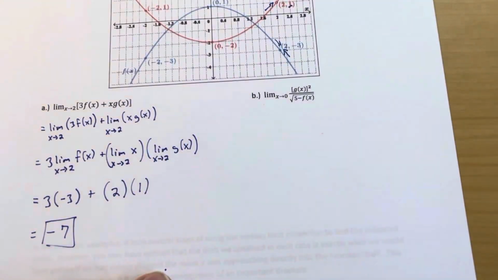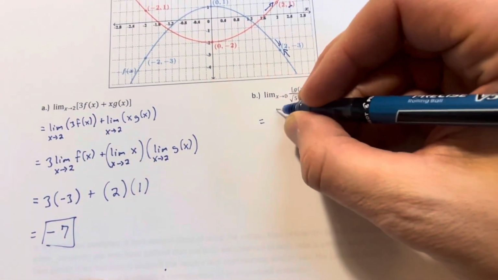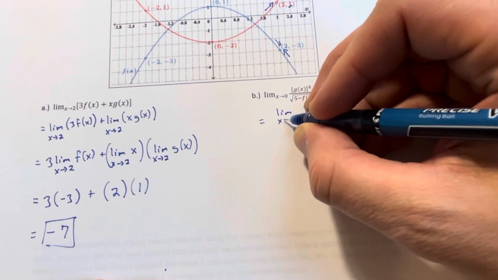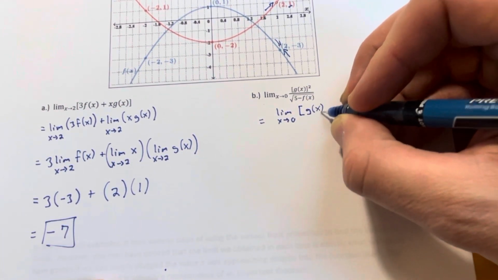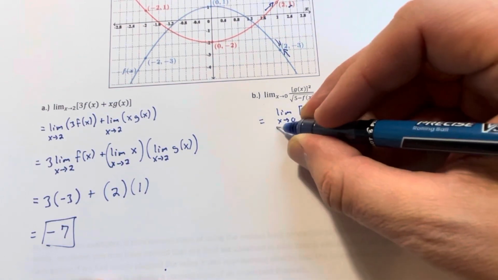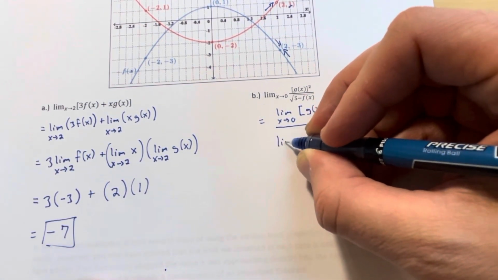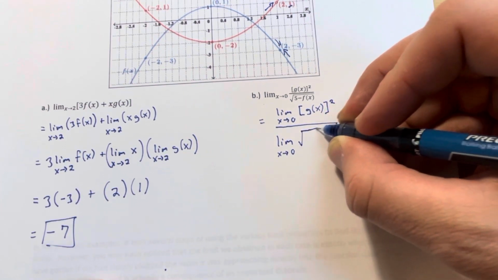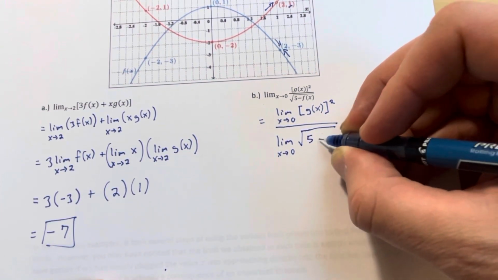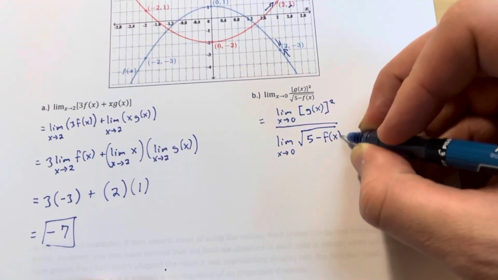I'm going to bring the limit into the numerator and the denominator. So I'm going to write this, limit as x approaches 0 of g of x squared over the limit as x approaches 0 of the square root of 5 minus f of x.